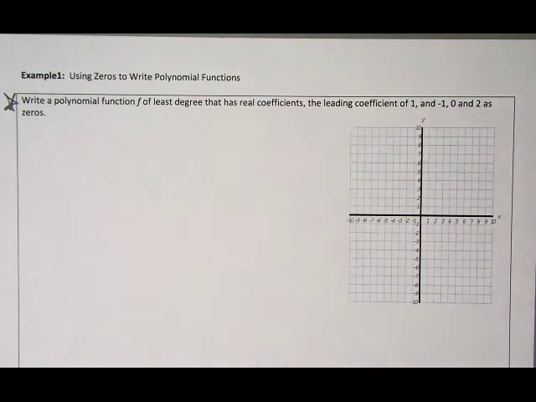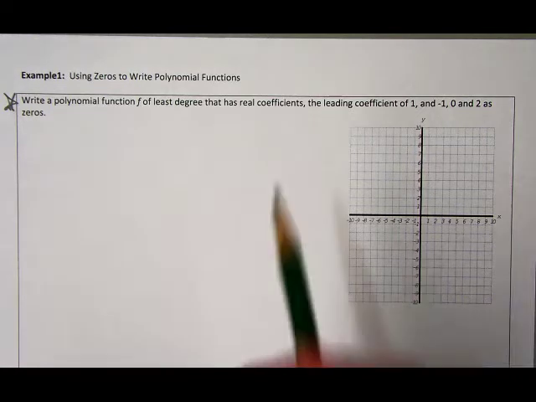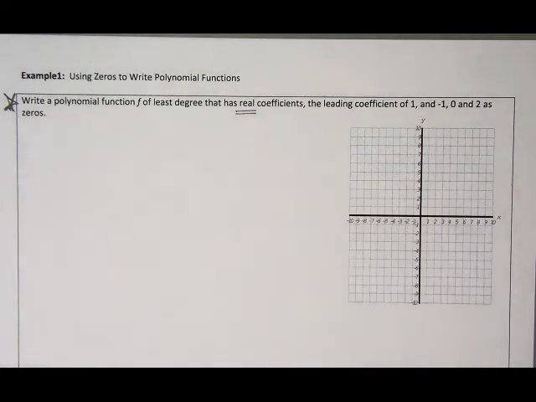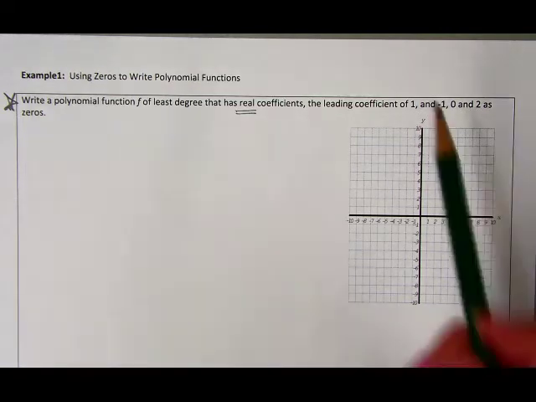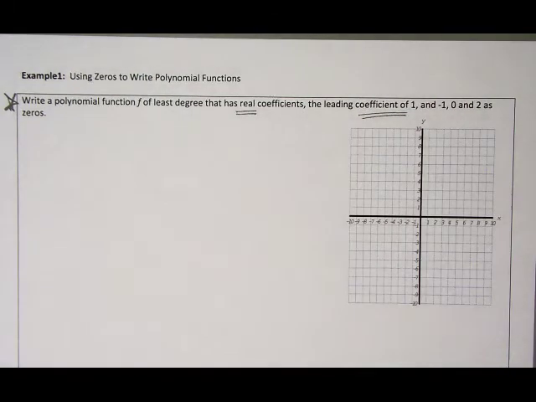The first is we want to come up with a polynomial function, so something like a cubic or a quartic or a quadratic, a polynomial function that has real coefficients, so real numbers, not imaginary numbers, in front of my x's. Our leading coefficient is 1, which means whatever x value we have leading, whether it's x squared or x to the third or x to the fourth, that leading coefficient is 1.